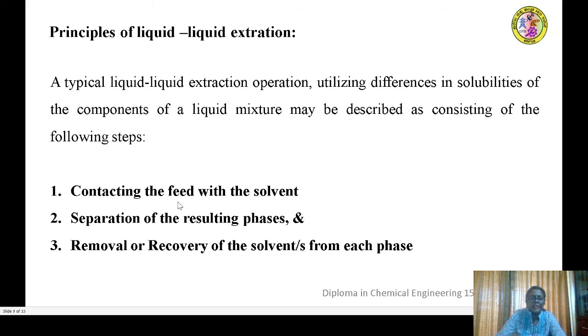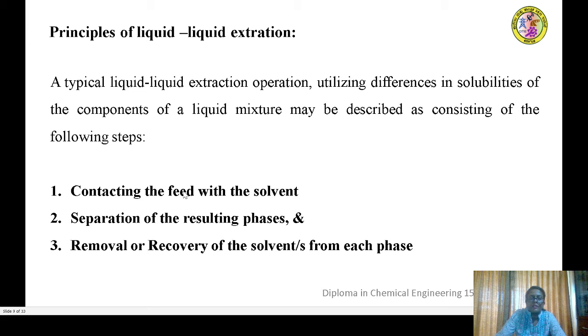After that contacting is over, you need to separate the two resulting immiscible phases. And after separating out the phases, whatever is left is the recovery of the solvent. Whatever solvent is present at the end of the operation is usually in the form of a solution. So the solvent coming out will be a solution with a dissolved component from the feed.